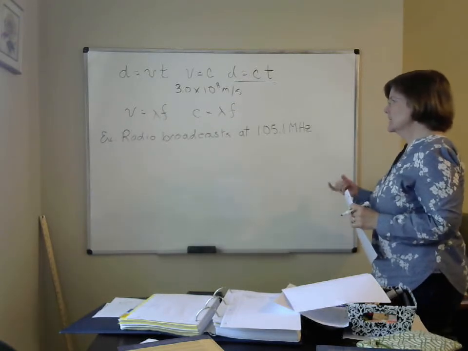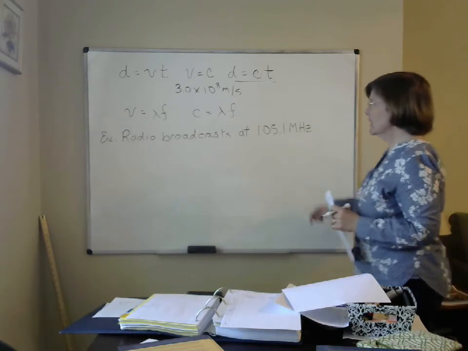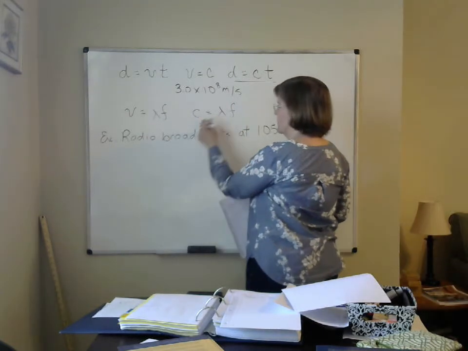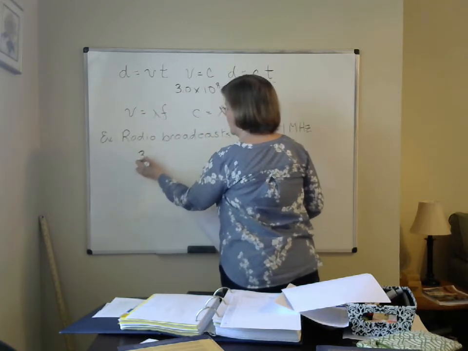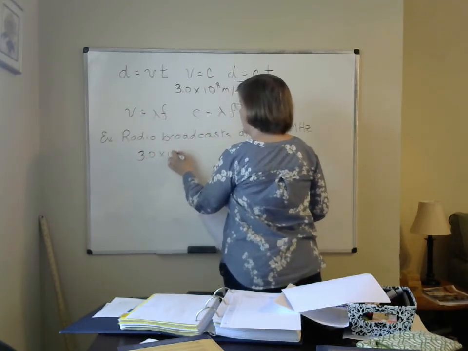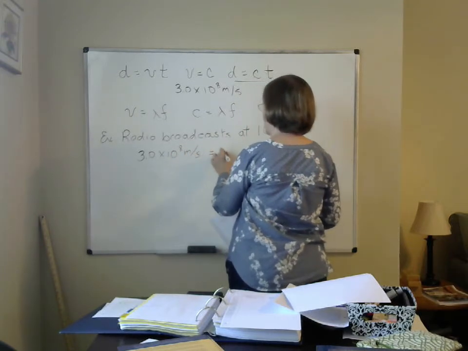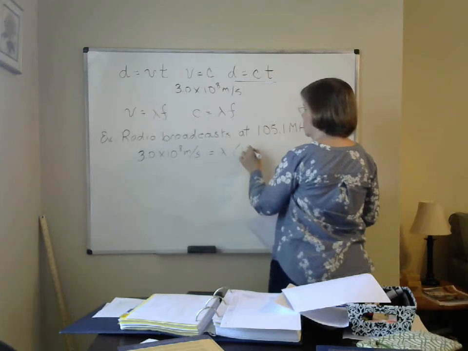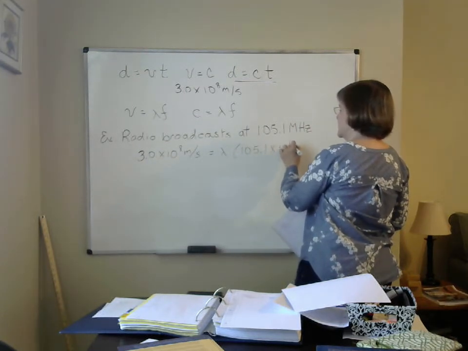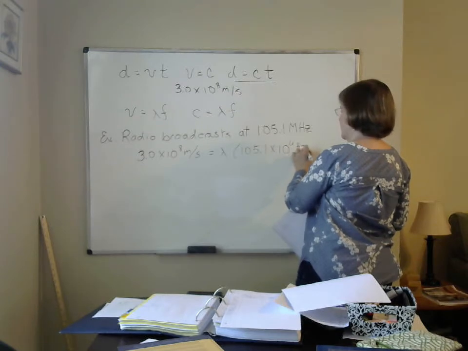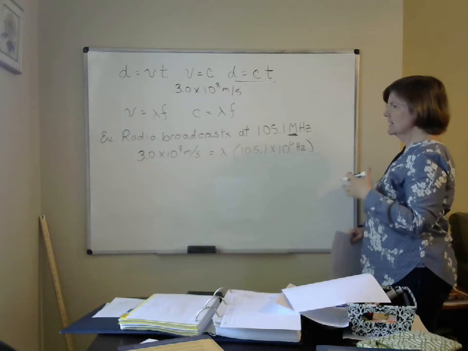The question says, what's the wavelength? If I want to find the wavelength of that wave, I'm going to use this formula. c equals lambda f. We know radio waves travel at 3 times 10 to the 8th meters per second. That equals the wavelength times 105.1 times 10 to the 6th hertz. Mega, you might have to look that up, but it's 10 to the 6th.